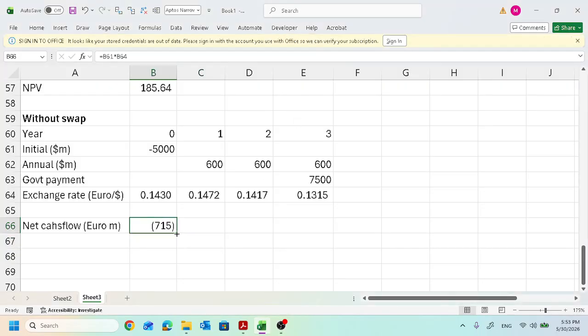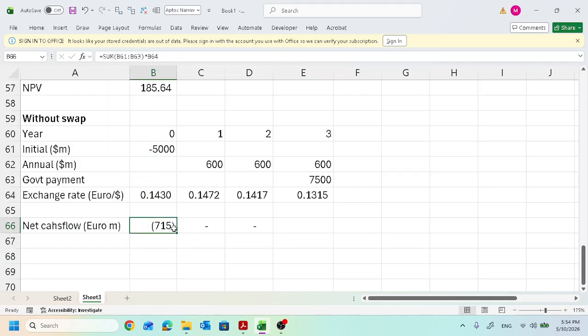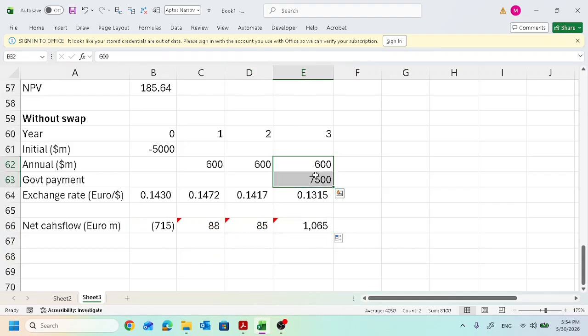Do the same thing for others also. Last year what happened? 5,000. Let's use a sum function. All these cash flows, year 0, even though only one cash flow is there. So what I have done here: year 1 no change, year 2 no change, year 3 all this amount 8,100 all together I use the spot rate itself, because no swap, no hedging done.